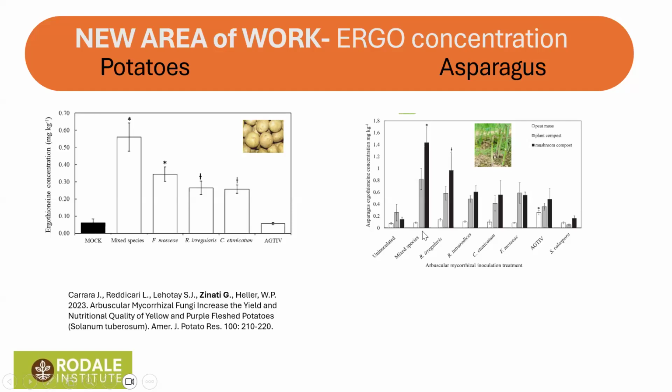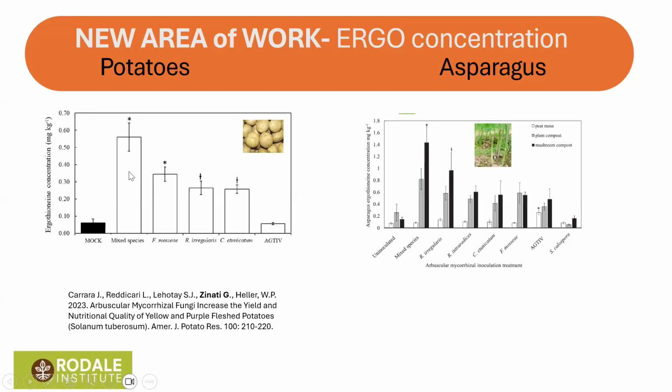And then when we applied the inoculum from the vegetable systems trial, the mixed species of mycorrhizae, it continued to increase with the plant-based, and then it also continued to increase when we added the mushroom compost. So if I compare potatoes and asparagus, the plant base is giving us about 0.8, and the potato is giving us about 0.55.